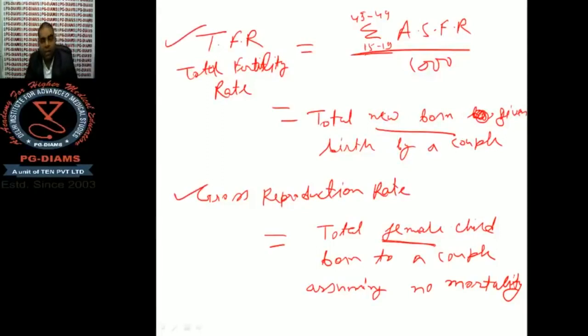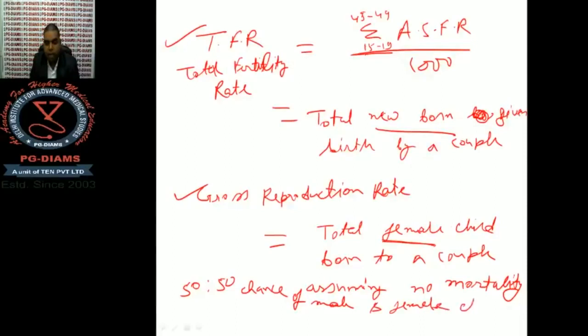As in a population there is a 50% chance of male and female child, that means half of the children will be male and half will be female. So gross reproduction rate is half of total fertility rate.